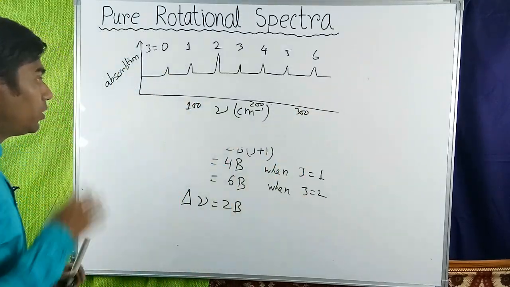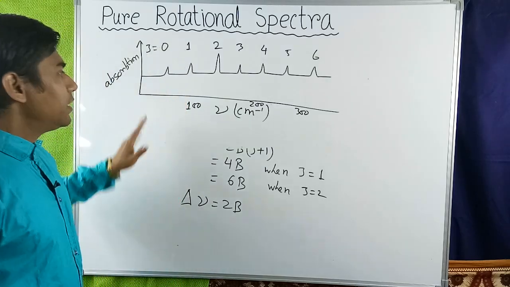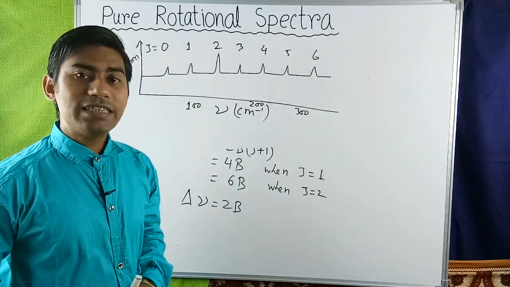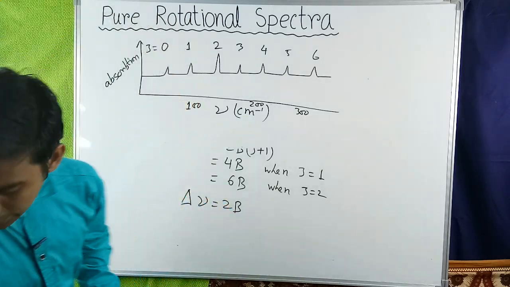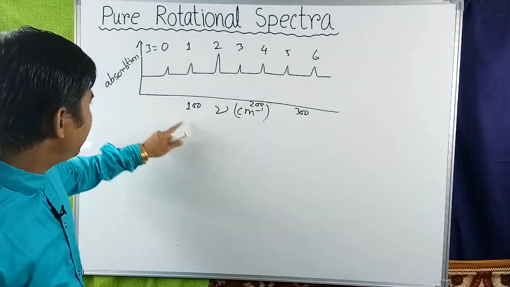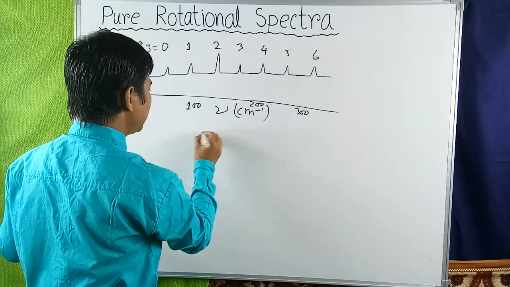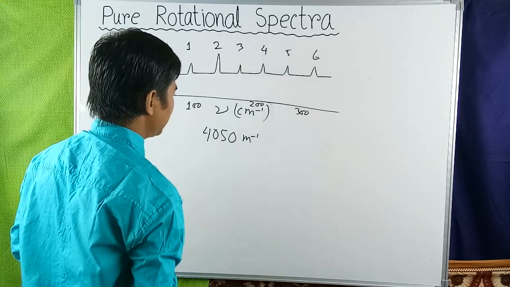So this graph is the pure rotational absorption spectra for the HF molecule. Now in this diagram, the value of delta nu, that is the wave number difference, is found to be 4050 meter inverse in this case.